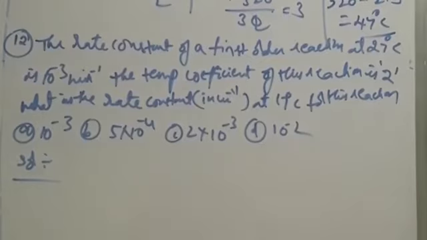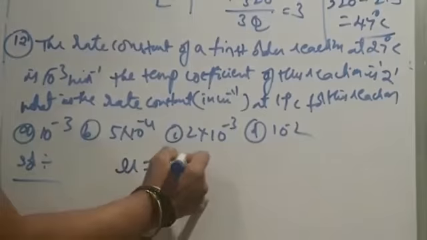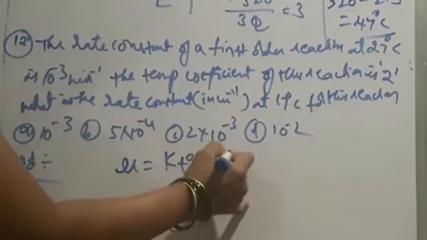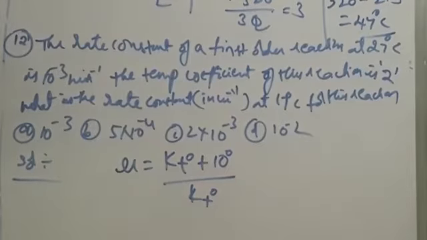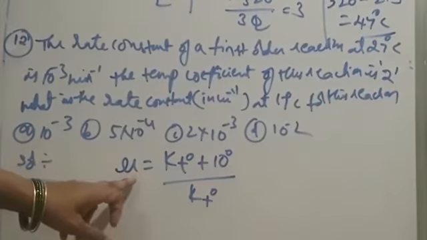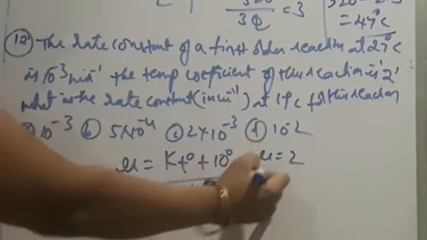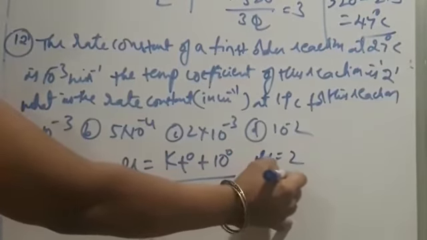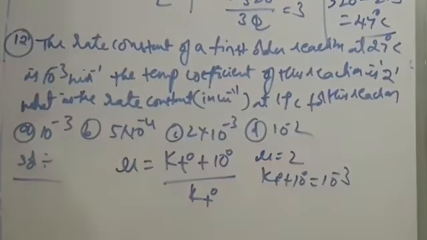You know that mu is equal to K at T plus 10 degrees by K at T degrees. Here mu is given as 2, and K at T plus 10 is 10 to the power minus 3.